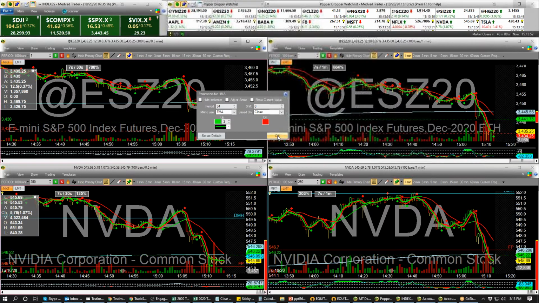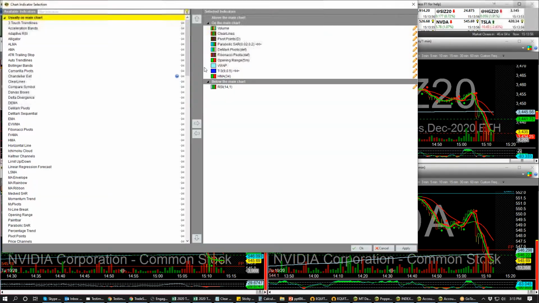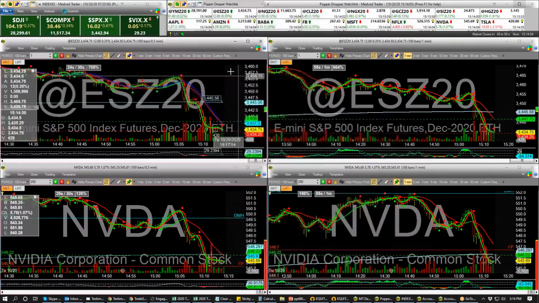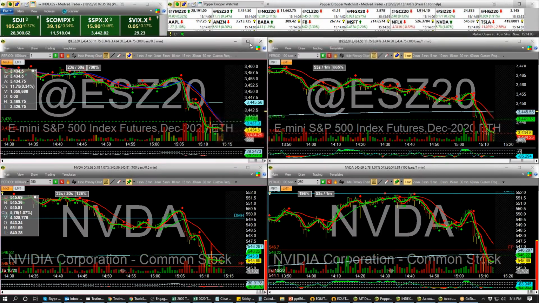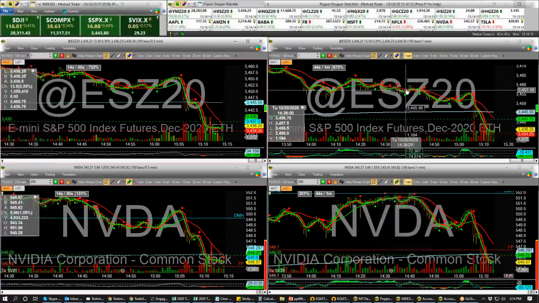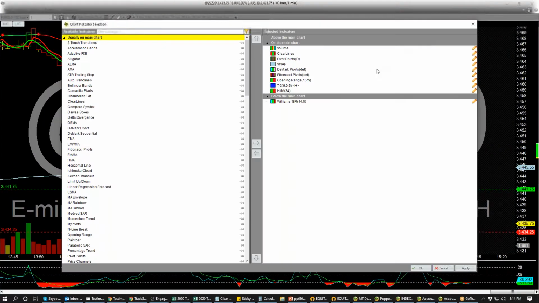What I did, and I'll show you how I did this. I took the T3, which is actually hiding right now. Let me show you the T3. This is a 9 period T3. Let me do it on this other chart. Hold on. Let's expand this chart.